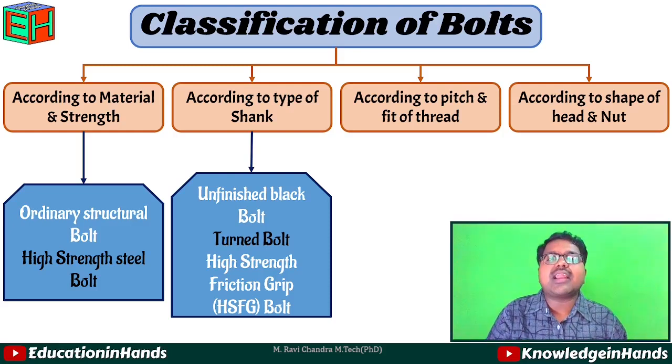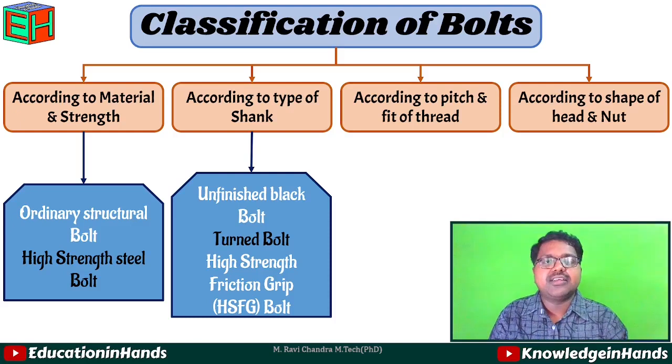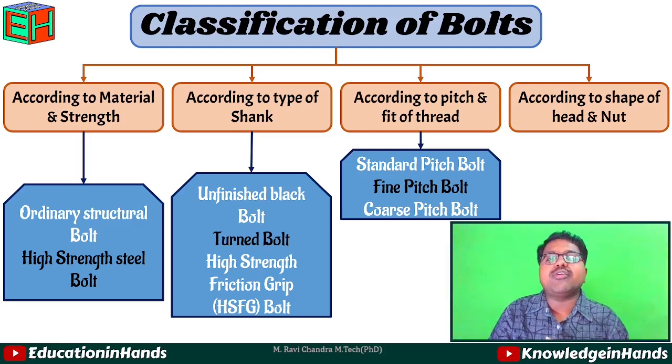Then the third classification is according to pitch and fit of thread. According to pitch and fit of thread, these are classified into 3 types. The first one is standard pitch bolt, the second one is fine pitch bolt, and the third one is coarse pitch bolt. And the last one is according to shape of head and nut.